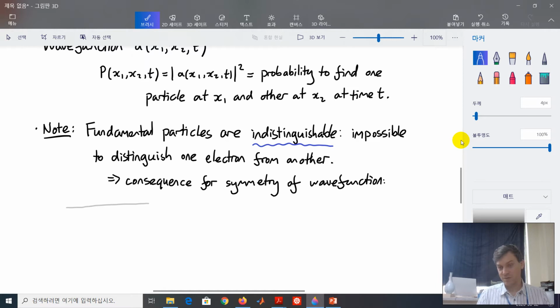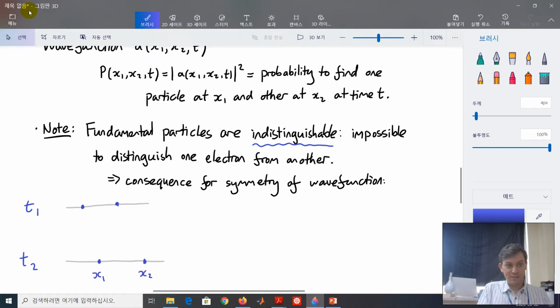Here's my one-dimensional system, and I have two electrons in this system at particular points at time t1. Let's suppose I come back and look at the same system at time t2, and these electrons have been interacting and moving around. I find at time t2 their positions are x1 and x2 here.